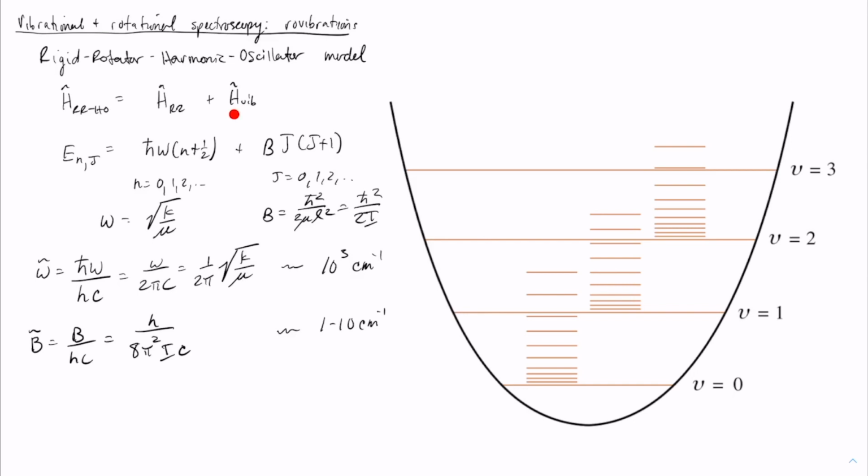So in particular, we know that vibrational transitions are only allowed when delta n is equal to plus or minus 1. And furthermore, we know that the n equals 0 state dominates the spectrum because at room temperature we primarily see ground vibrational states. Again, for the rotational side, we remember that delta j can only be equal to plus or minus 1.